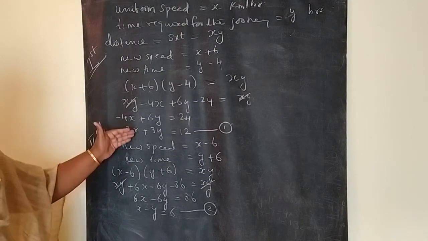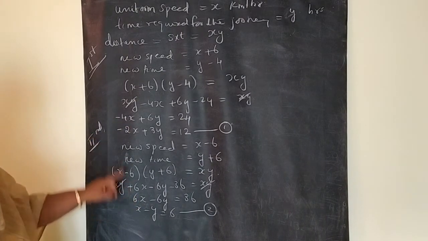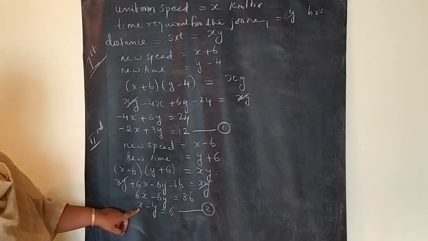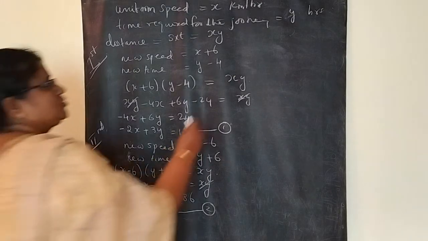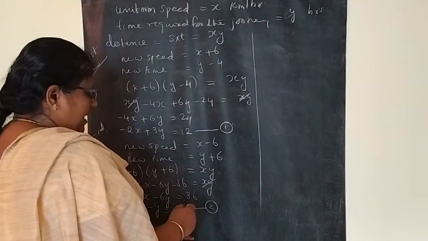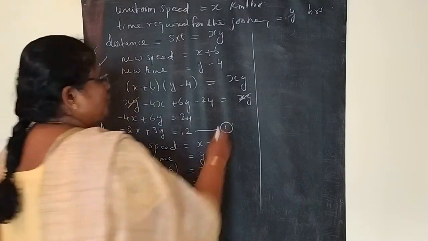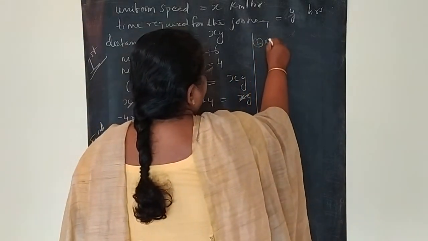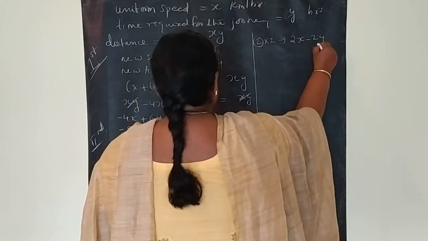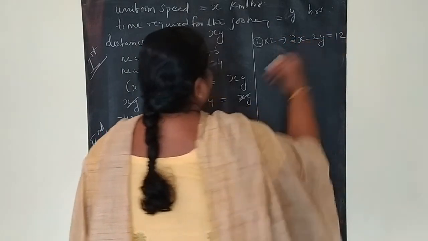Now we are going to solve both. For that, here the x coefficient is minus 2. Here the x coefficient is 1. So what to do? Multiply the second equation with 2. So second equation multiplied with 2, we will get 2x minus 2y is equal to 12.